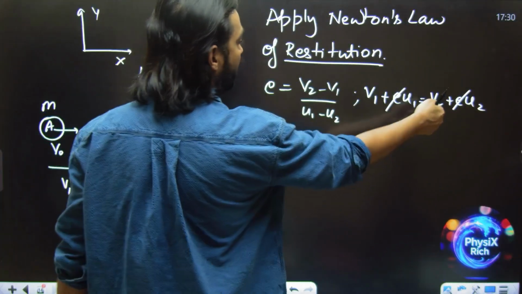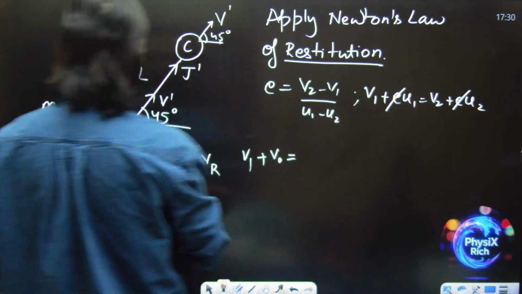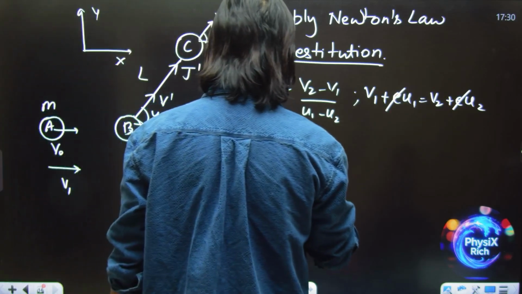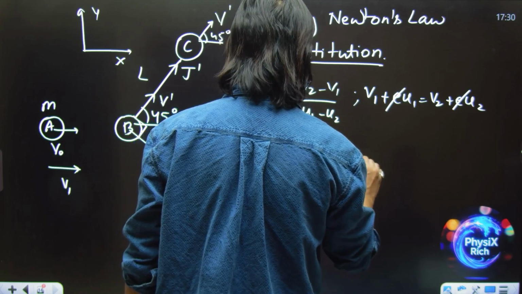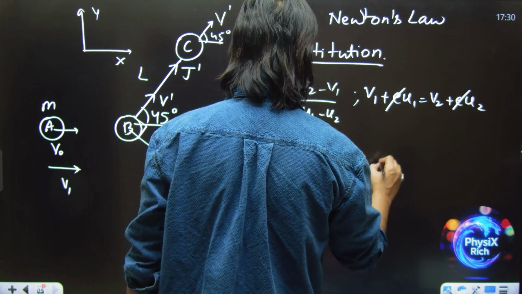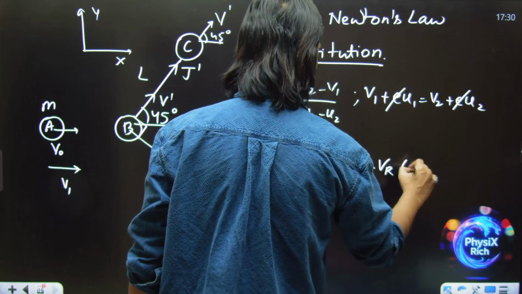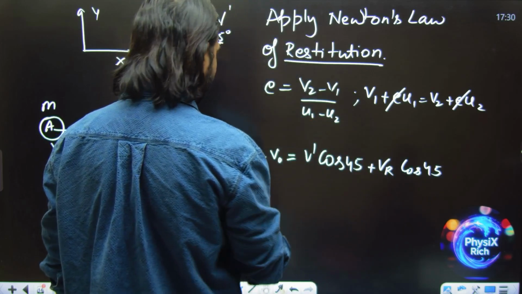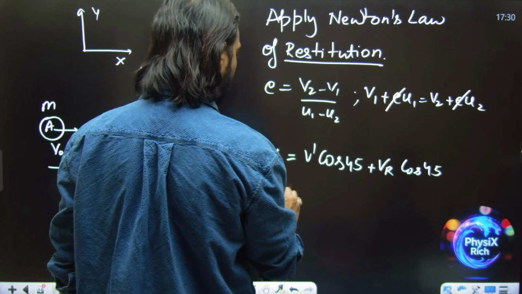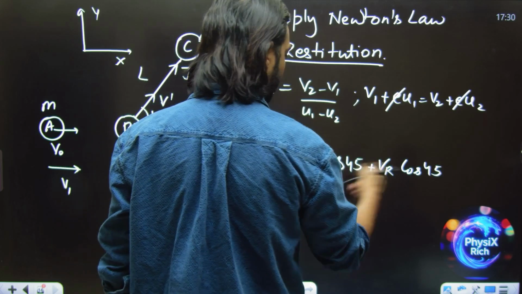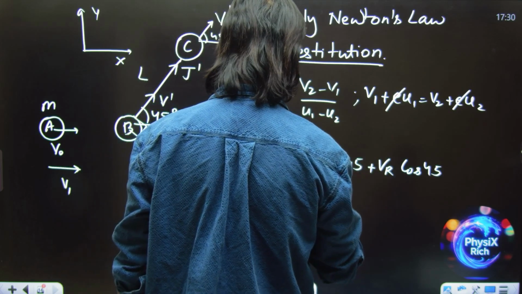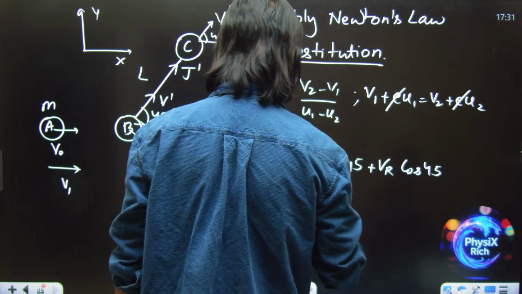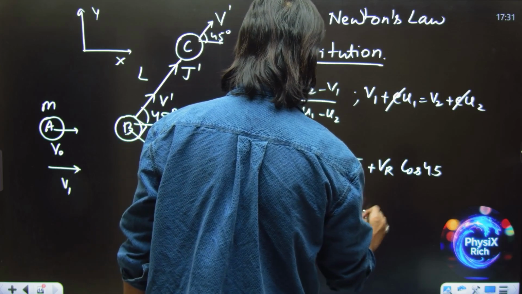I am only concerned with this V2, which is the final velocity of this guy along the x-axis, which is going to be simply V dash cos 45 plus VR cos 45. So what do I get? I get V1 plus V0 equals, this is both 1 by root 2, so this is V dash plus VR upon root 2. So this is my third equation.